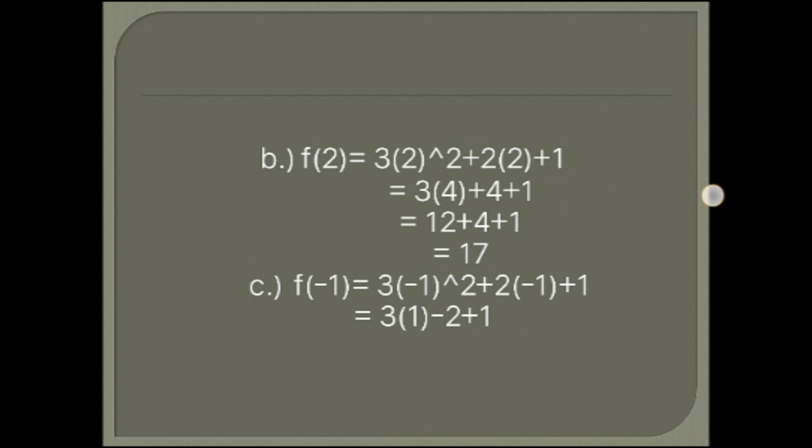For the first term, negative 1 squared equals 1, then multiplied by 3 equals 3. For the second term, 2 multiplied by quantity of negative 1 equals negative 2. For the third term, bring down 1. So our given now is 3 minus 2 plus 1. Then simplify and you will have 2 as an output.